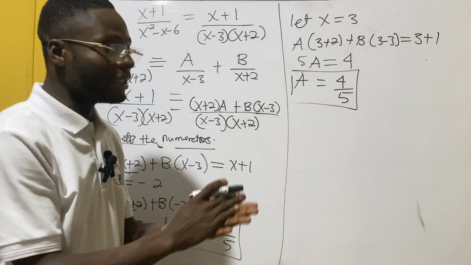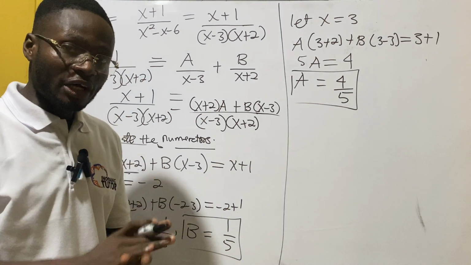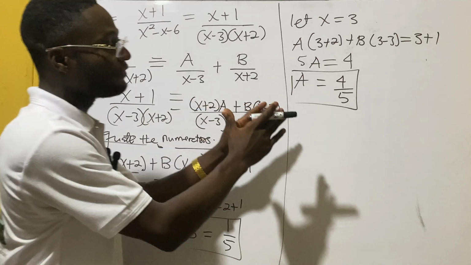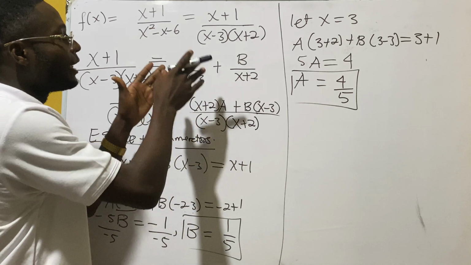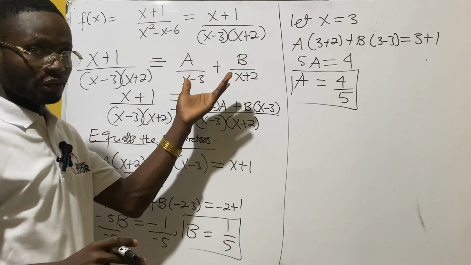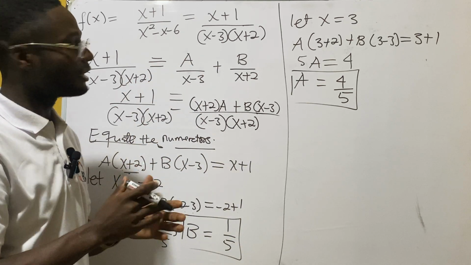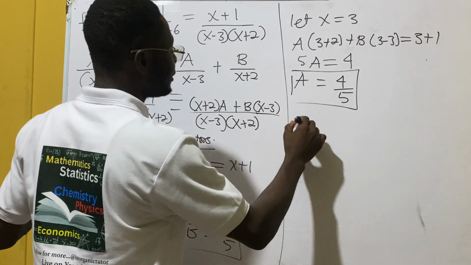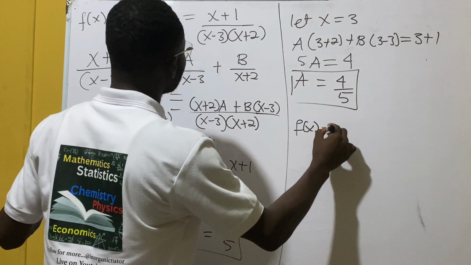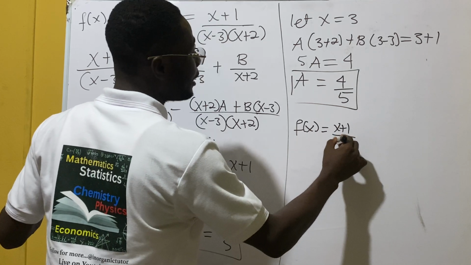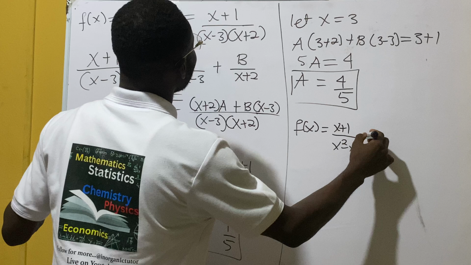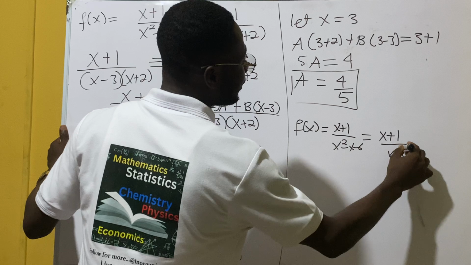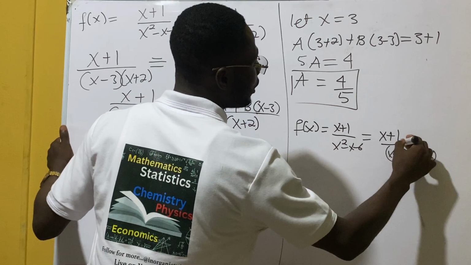Okay, so we have been able to obtain the values for A and B respectively. So once we have that, let's go and substitute into the decomposed expression so that we can know what we have over there. So now you can say that f of x, which is equal to x plus 1 over x squared minus x minus 6, is equal to x plus 1 over x minus 3 into x plus 2, right?